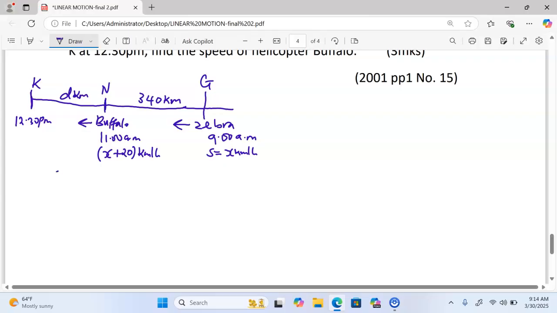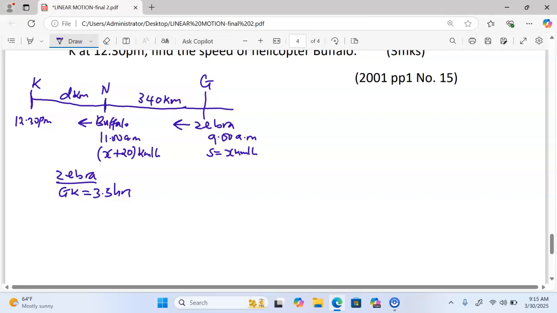Now we have Zebra from G to K. It is taking 3.5 hours, between 9 and 12:30.